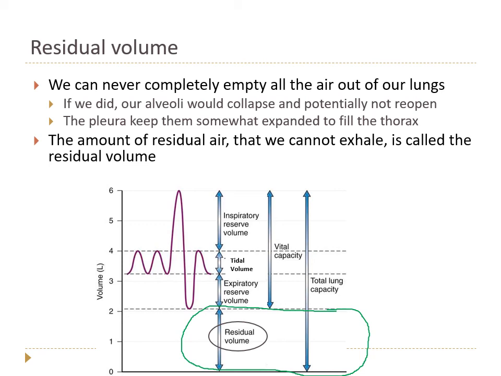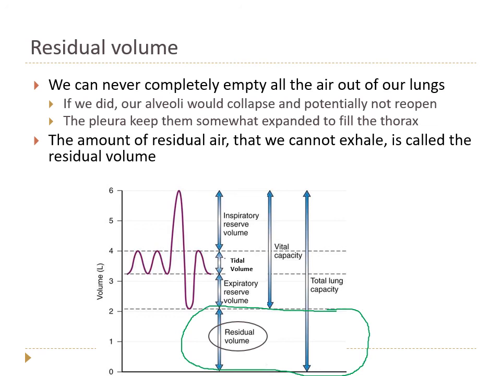So what happens, for example, if you have a Ziploc baggie and there's just a little bit of water inside, and you let it close all the way? Now those two sides of the bag are stuck to each other. So what can happen if the alveoli collapse fully is they're stuck and they can't reopen. It's not like you can go in there and peel them off of each other.